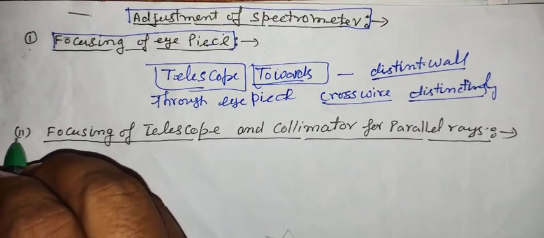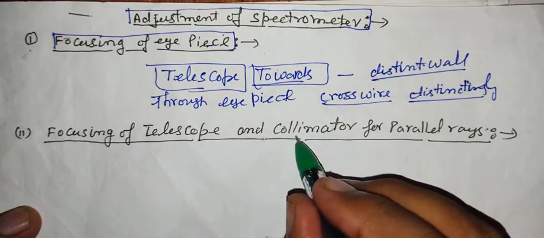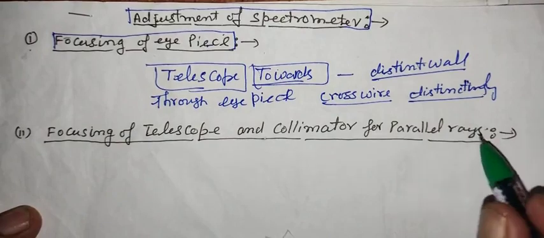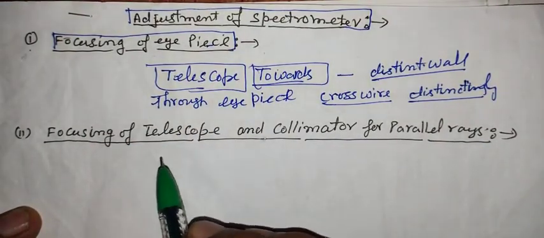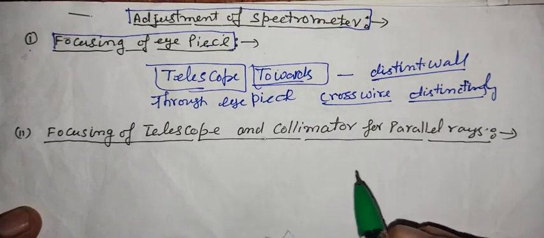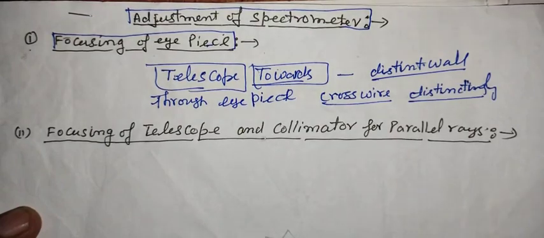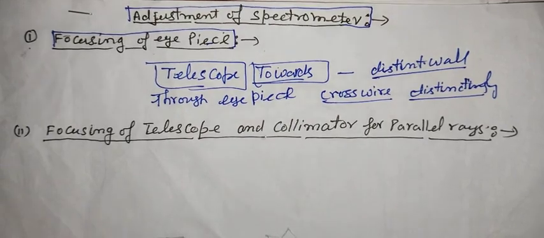The second adjustment is the focusing of the telescope and collimator for parallel rays. After focusing of the eyepiece, now it is time to focus the telescope and collimator for parallel rays. So see very carefully here in the diagram.